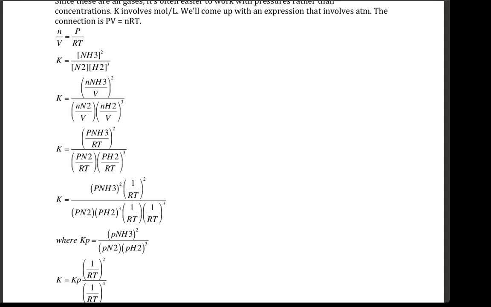So now we have the partial pressure of ammonia squared times 1 over RT squared, divided by the partial pressure of nitrogen divided by the partial pressure of hydrogen cubed, divided by 1 over RT divided by 1 over RT cubed, where we're going to call the ratio of the partial pressures Kp.